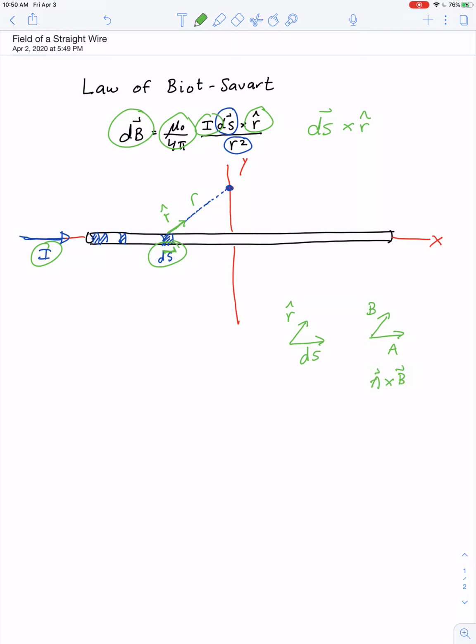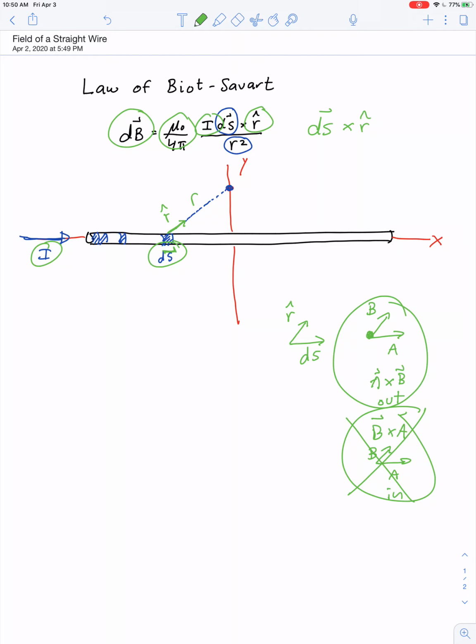And as you know, A cross B would be a vector that points out of the page, whereas B cross A, if we had that same arrangement, would be a vector that points into the page. But we have A cross B, right? It's not r cross ds, it's ds cross r hat. So indeed, the direction of dB is out of the page.